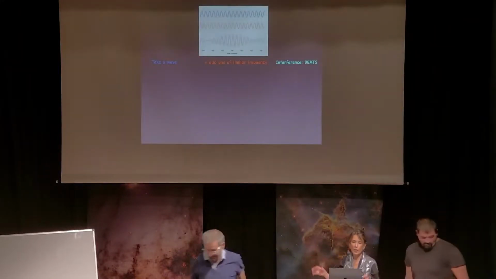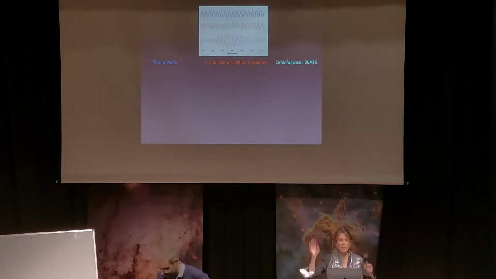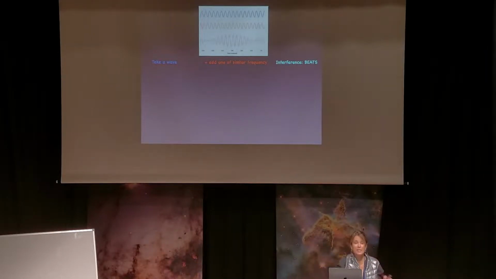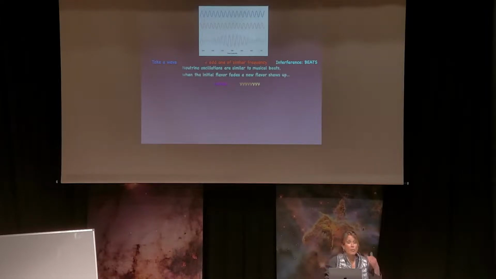Okay, no problem. So you can go to that web page and play with this. It's just to make you understand that neutrino oscillations are a pure quantum phenomenon, and it's related to interference. So they are similar to musical beats. If you take some wave and you add another one of a similar frequency, you will have this interference.